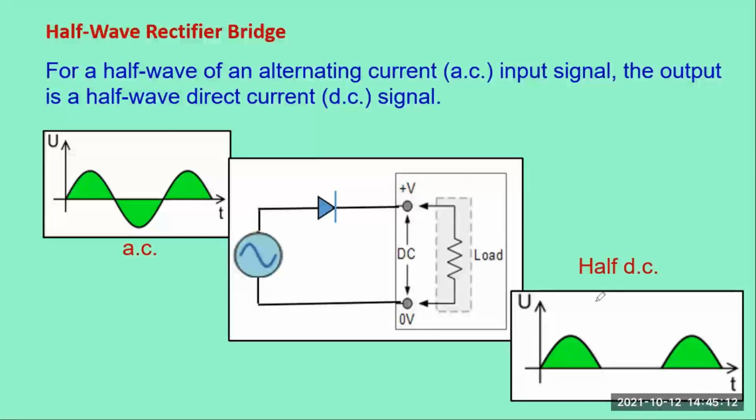Some kind of capacitor or filter has to be added in order to smoothen this pulsating DC into a constant DC. This is something that you guys can try and look at in your own time.